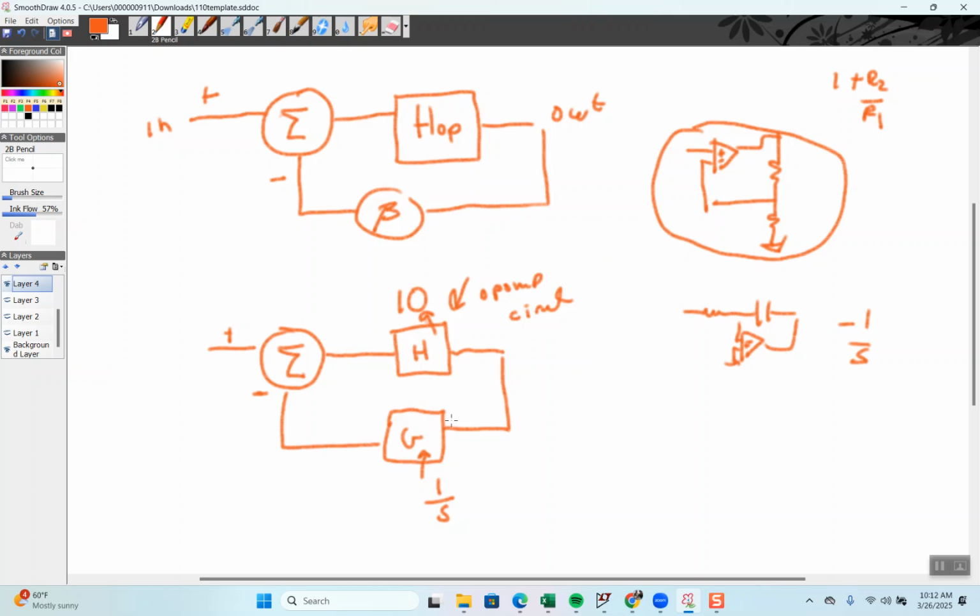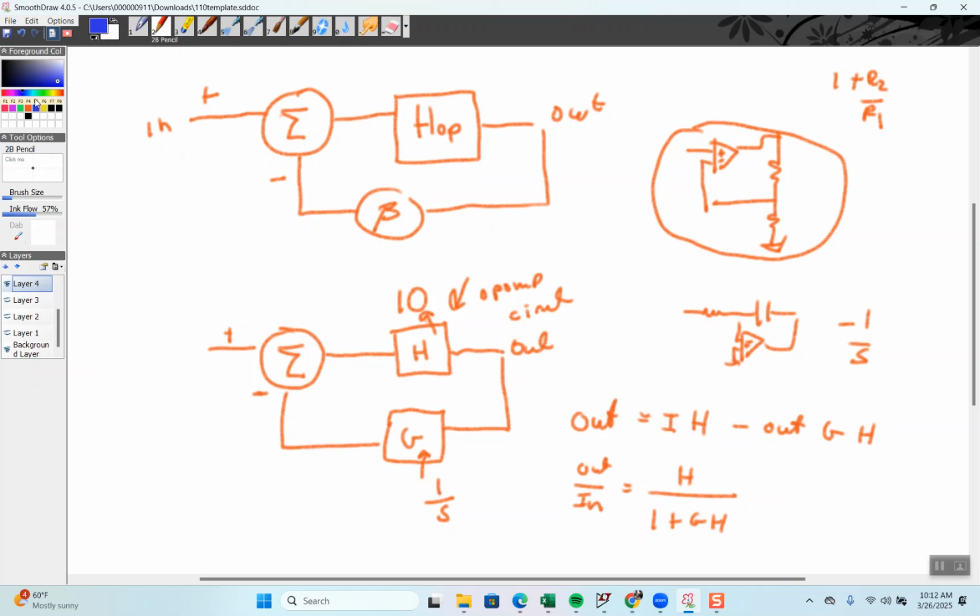So now, right, I have out equals in H minus out G H. Out over in equals H over 1 plus GH, which we've done a fair number of times.